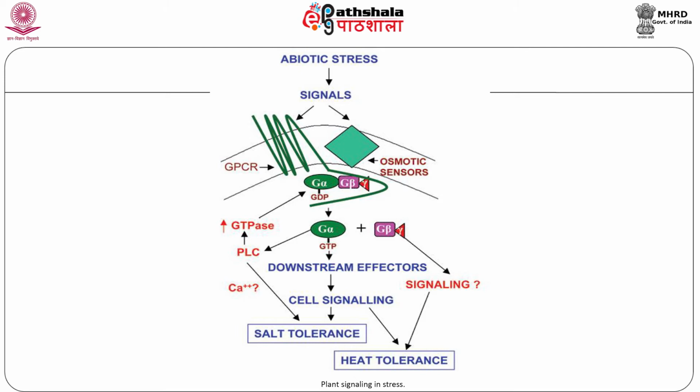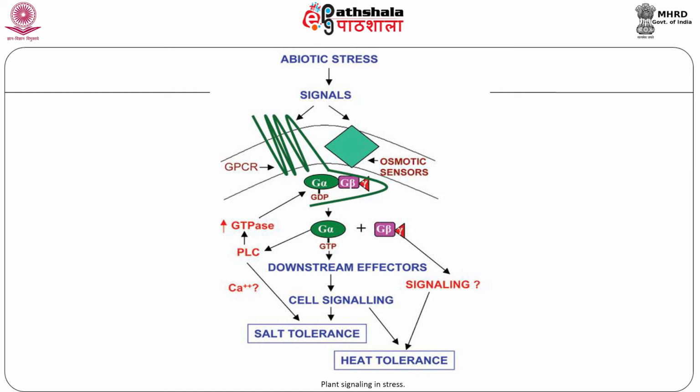Although the human genome contains about 1000 GPCRs, only a single gene, that is GCR1, encoding a putative GPCR has been identified in Arabidopsis thaliana, which is reported to be a regulator of cell cycle and also involved in ABA signaling in guard cells.